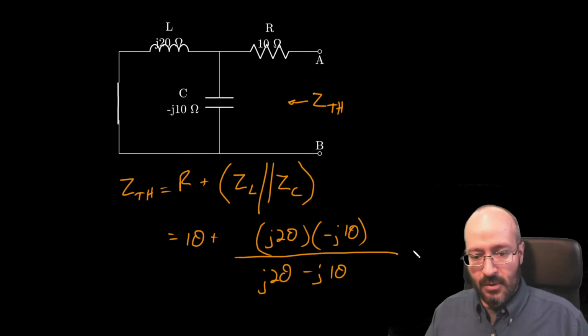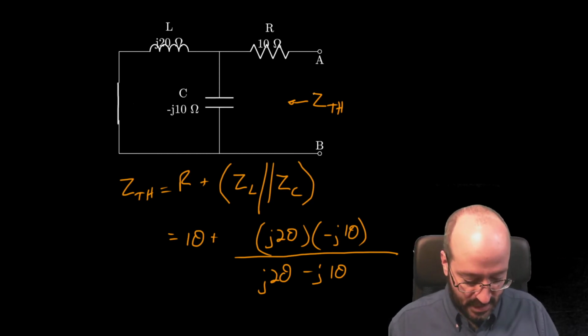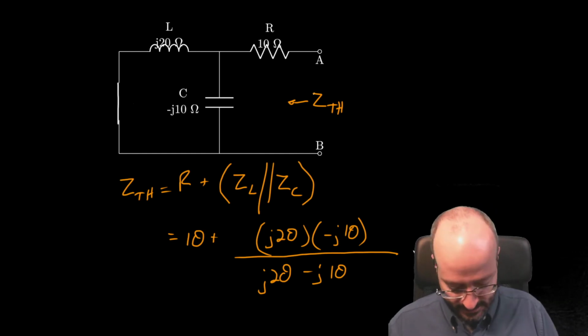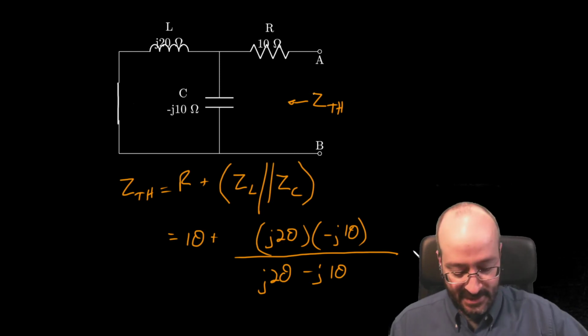So we just have to do that quick, and then don't forget to add 10 to it. So we have (0 + j20) times, I could do this one in my head too, (0 - j10), divided by (0 + j10), all of that. So that's 20 at an angle of -90, and all of that added to 10.